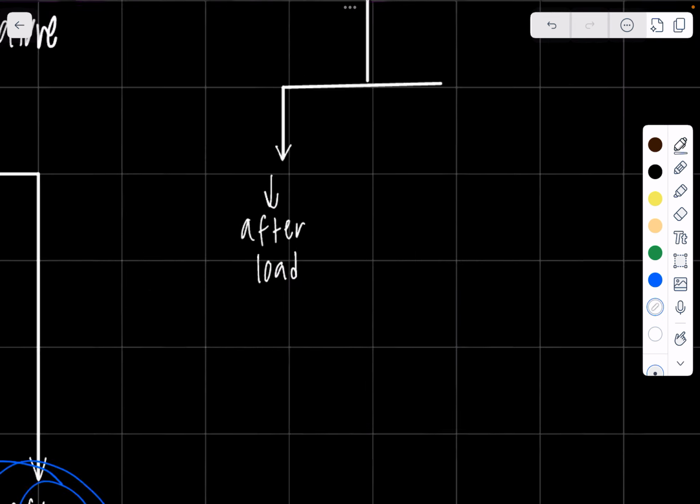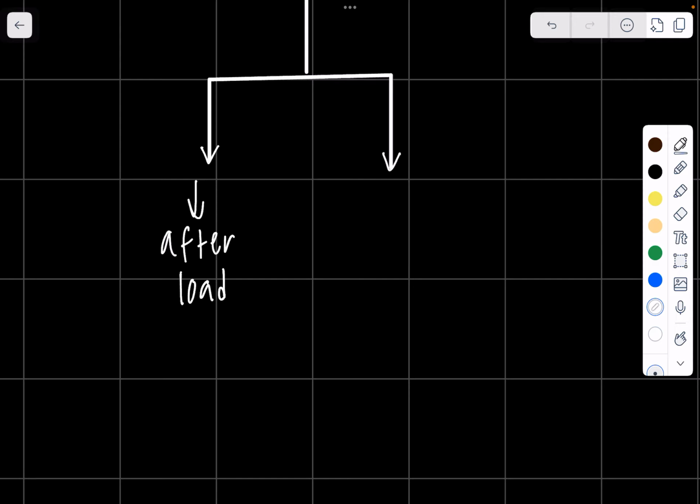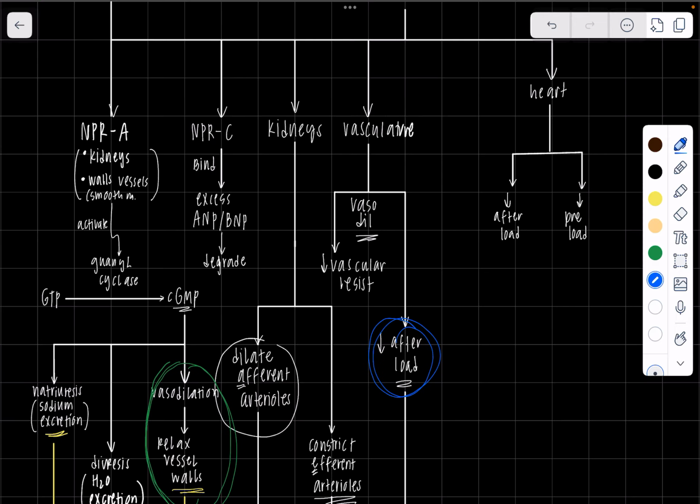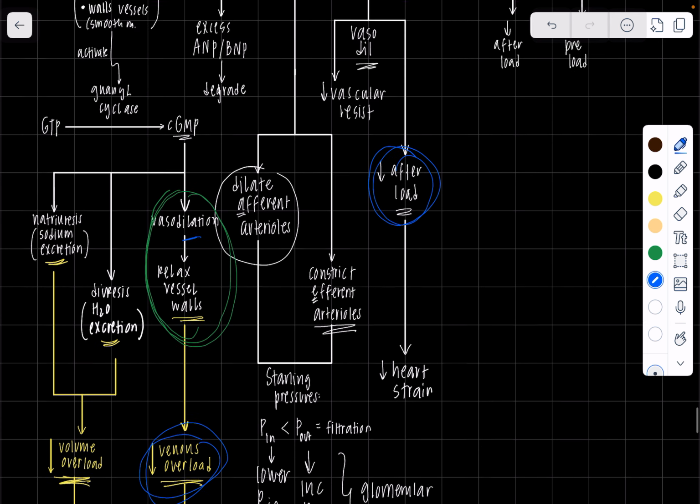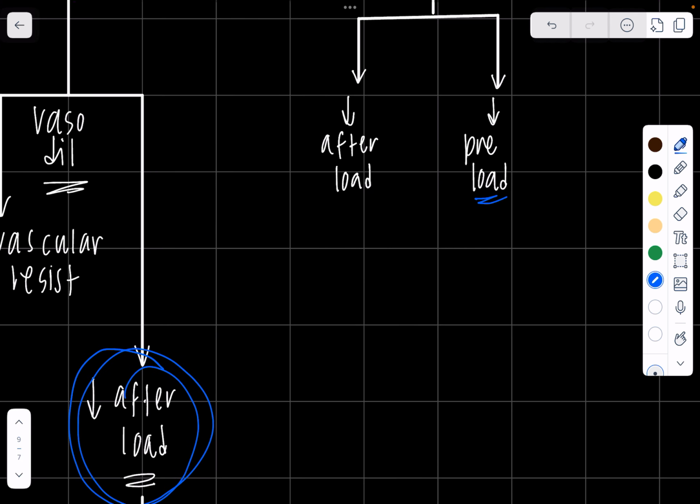And then we also talked about how ANP BNP helps us decrease our preload. It decreases our preload by reducing our venous return, again, by vasodilation. So decrease preload, decrease afterload.